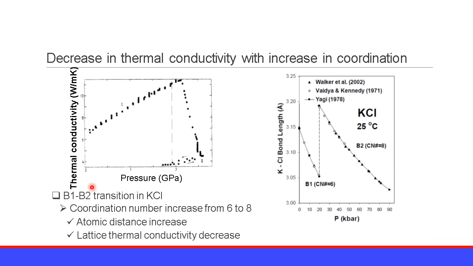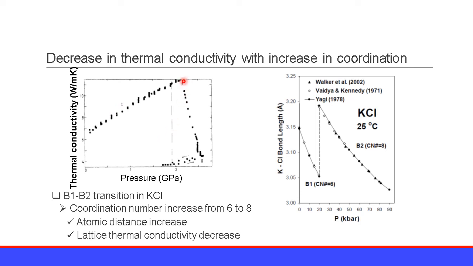So in the stability field of B1 phase, the thermal conductivity increases with increasing pressure, certainly due to the atomic distance decrease by compression and the anharmonicity of the lattice vibration decrease.